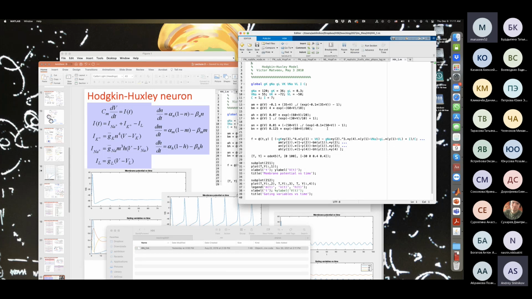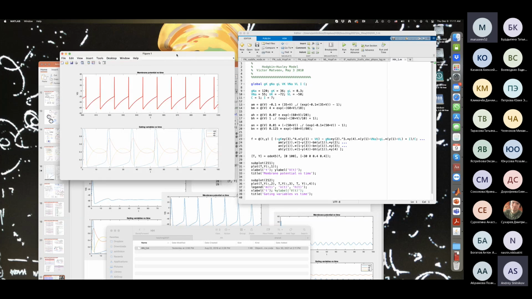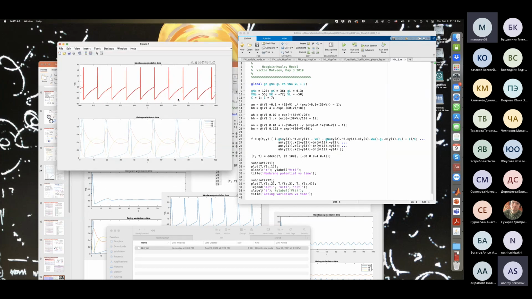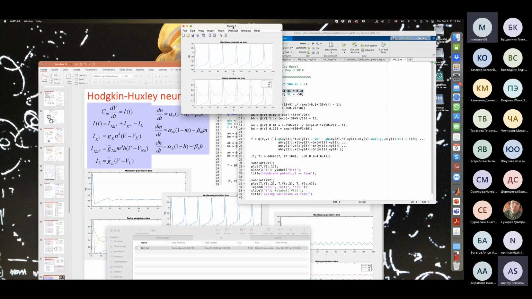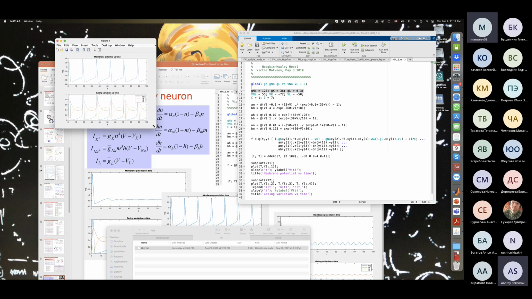Change the folder, run it, and where is the file? Yeah, it's right here. It says membrane in time. No, I don't like that. Let me run it again. I wasn't quite sure. Okay, here we are.